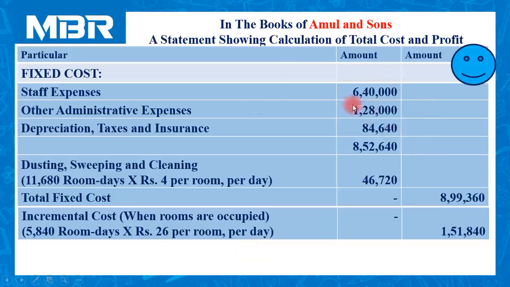These all expenditures like staff expenditure, other administrative expenditure, depreciation and taxes, dusting, sweeping and cleaning, these all expenses are incurred irrespective of the occupancy level of the hotel. It means these expenses are common even if the hotel is working at 10%.